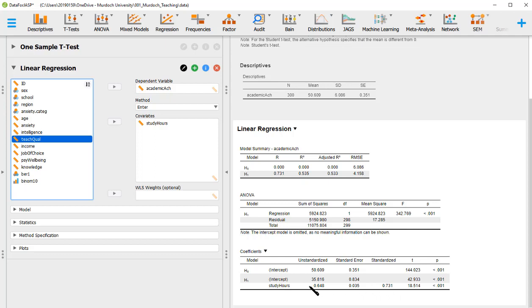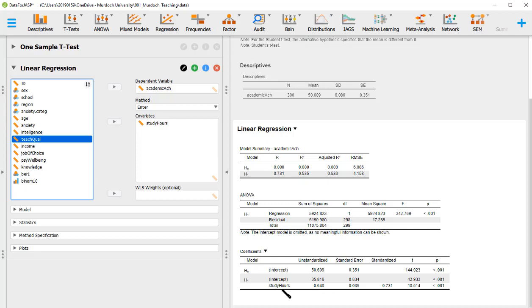So for study hours, the unstandardized coefficient is 0.648. That means that if we change study hours by 1 hour, we get an increase of 0.648 in academic achievement.